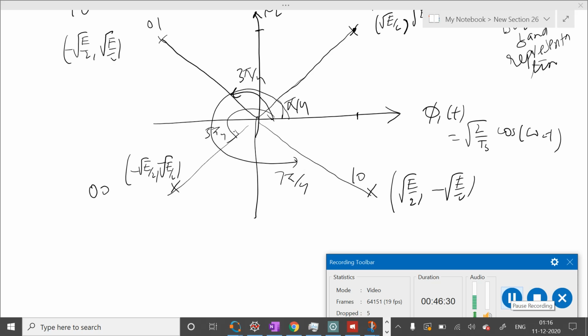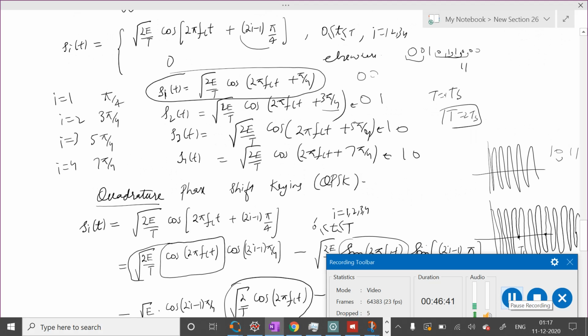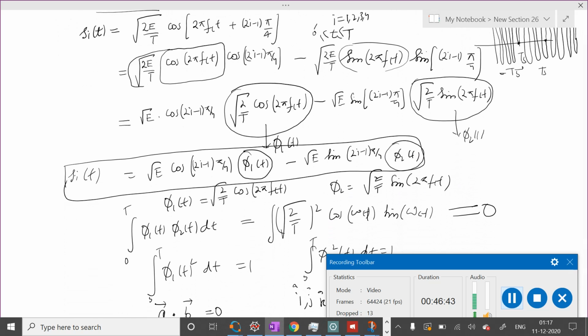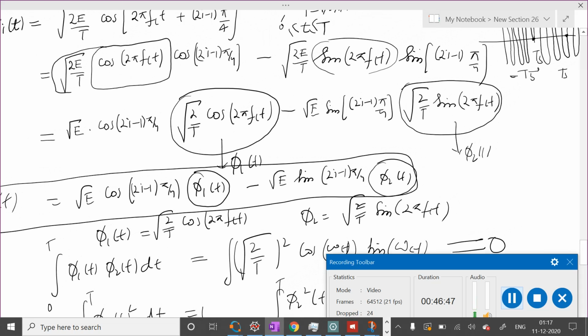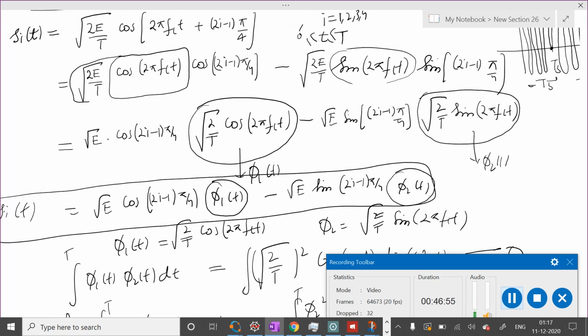Now how to modulate and demodulate, I will show that in the next class, but let me just show here. For modulation and demodulation, look at this equation. If you understand BPSK, all other modulation schemes will become easy to understand, because if you look at the QPSK signal here, you can think of this as two BPSKs.